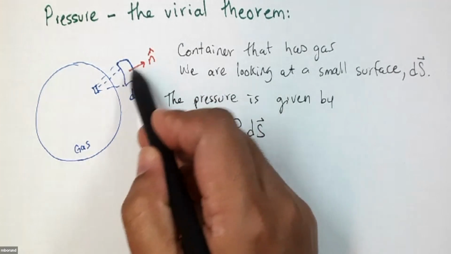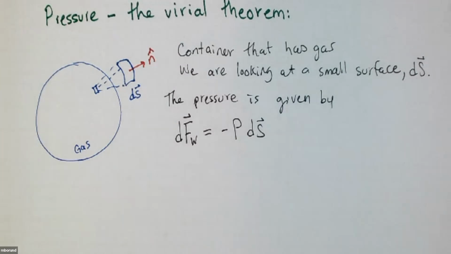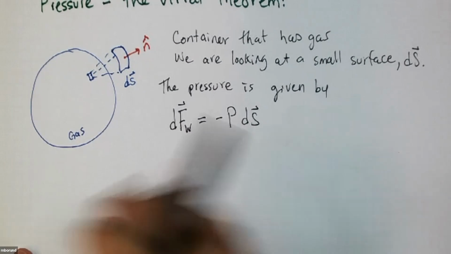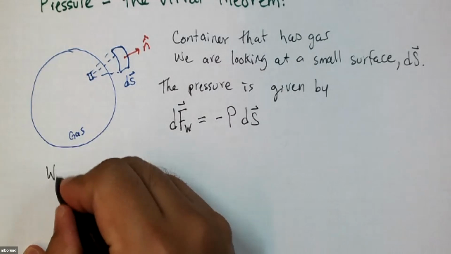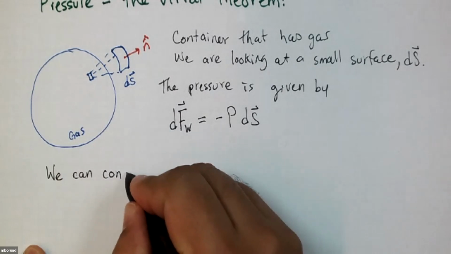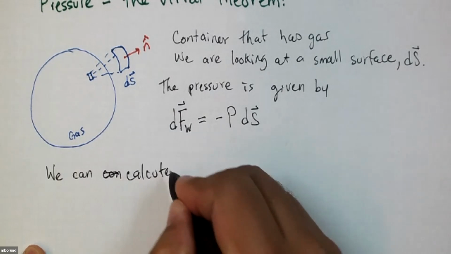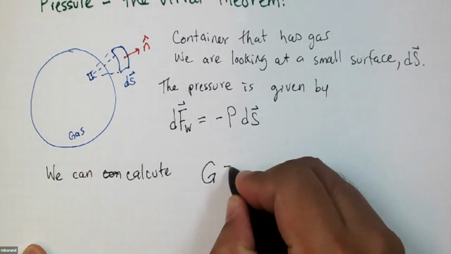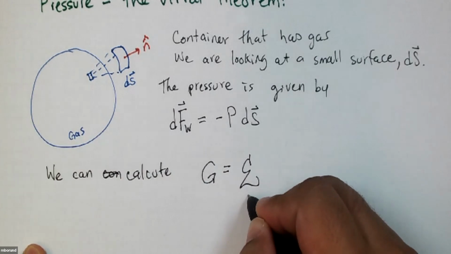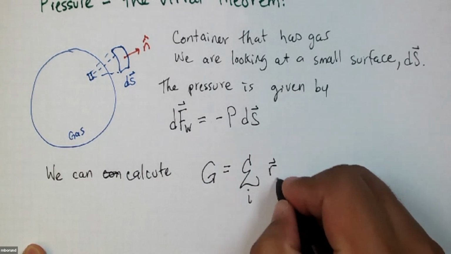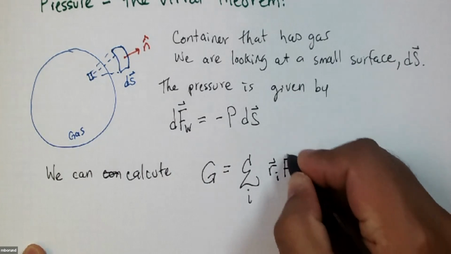Again, you can think of this as a section. If you were looking at a cross section of it, you would see that there's a normal vector, right? And in which direction are particles feeling a force when they bounce off of that? Exactly opposite, right? All right, another quantity we can calculate is G, which is going to be a sum over all the particles of the position of the particle and the force on the particle.